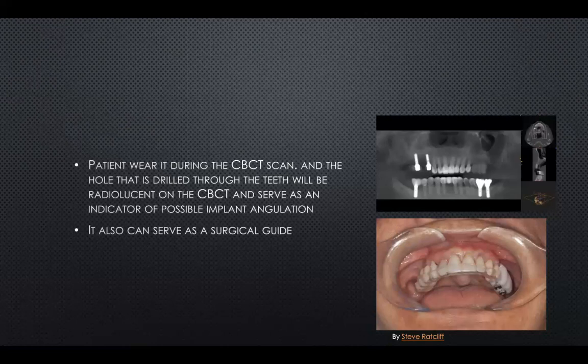And you can use this guide as a surgical guide later. The same guide, you put it in the patient's mouth during the surgery, and you start your initial or pilot drilling through these holes.